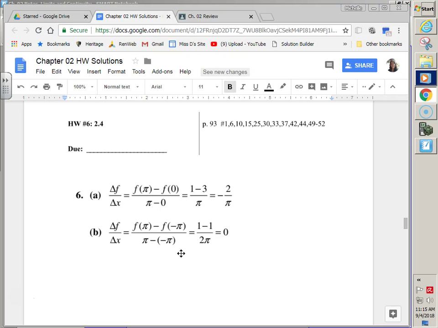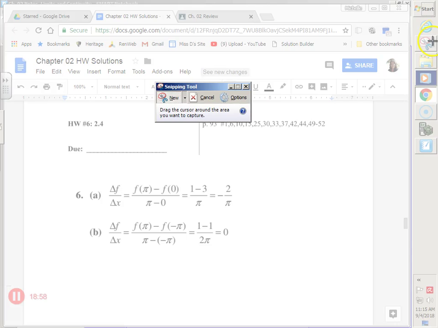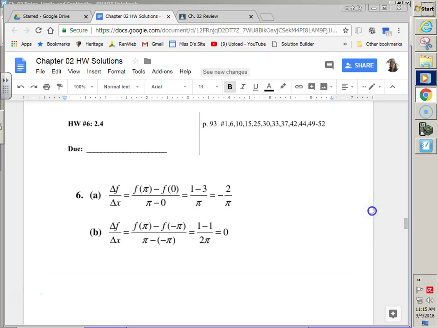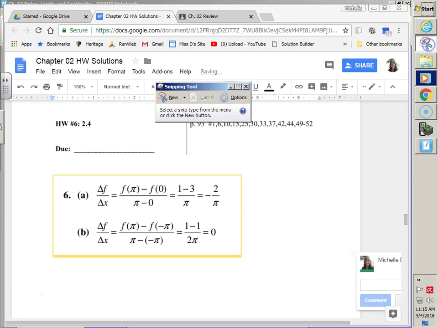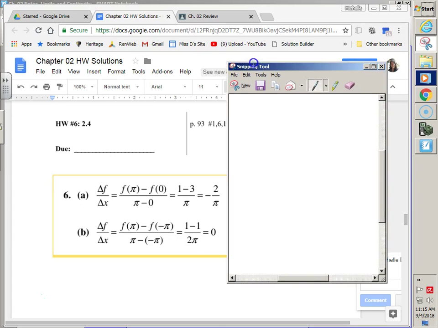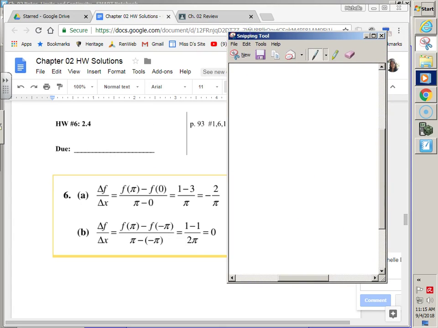Sensitivity. A patient's temperature T as a function of the dosage D of a medicine is given by, got it. Find and interpret the sensitivity of the patient's temperature to the dosage when D equals 2 milligrams. The idea is on these that you don't want to overdose the patient.